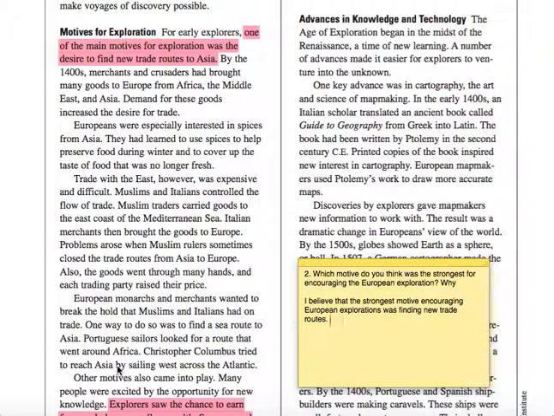It affected Muslims, it affected Italians, it affected Europeans, it affected merchants, buyers, it affected rulers, so many people. And one of the really important sentences that helped me come up with ideas about this is this sentence right here. European monarchs and merchants wanted to break the hold that Muslims and Italians had on trade.